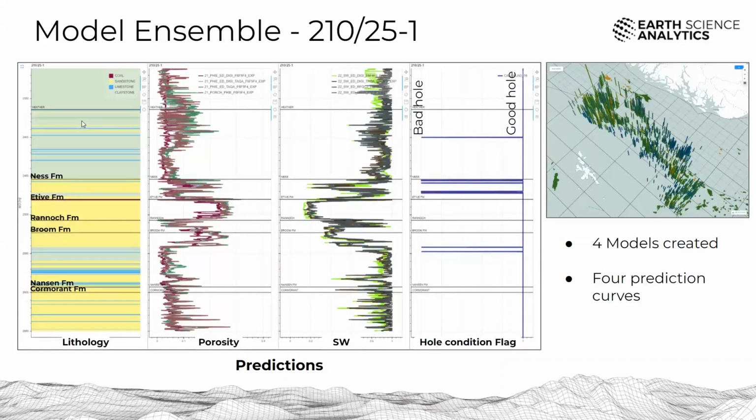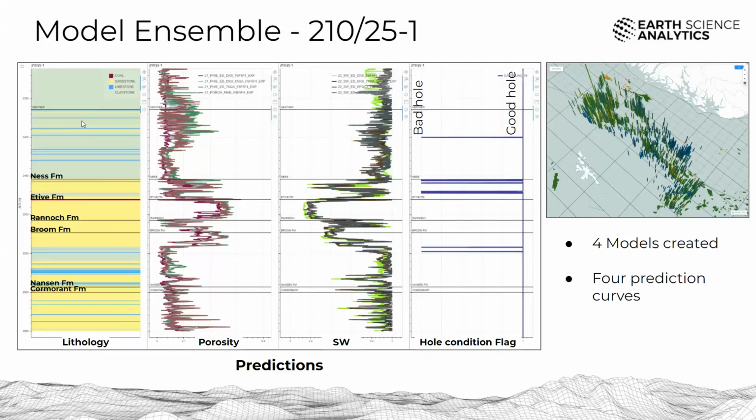So therefore, if we have many models and many curves, we are having more robust predictions of, for example, porosity and water saturation. So in this project where we did the 5,000 wells, we had 4 models differing in the label sets that were used. So we created 4 curves. And you can see these 4 curves predicted for the porosity and the water saturation.